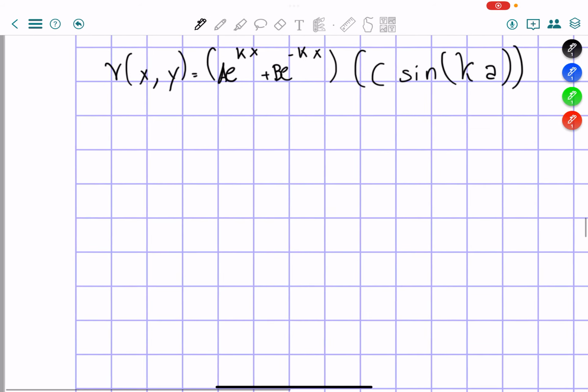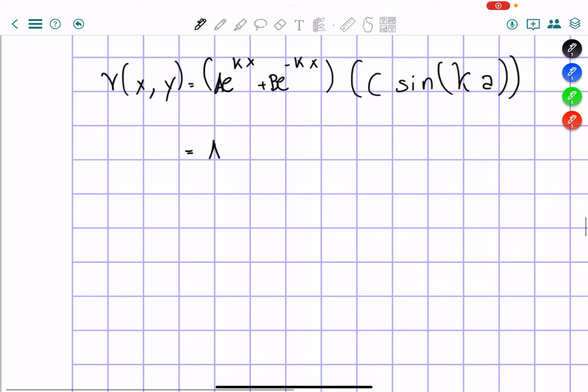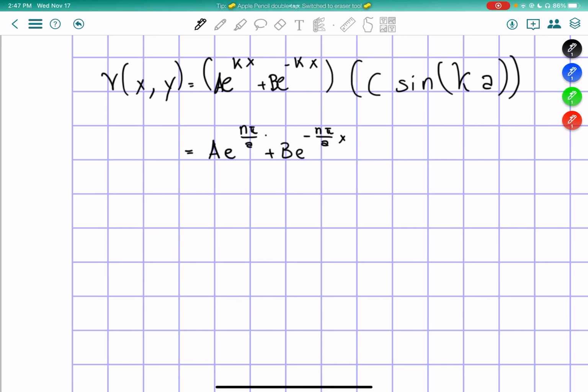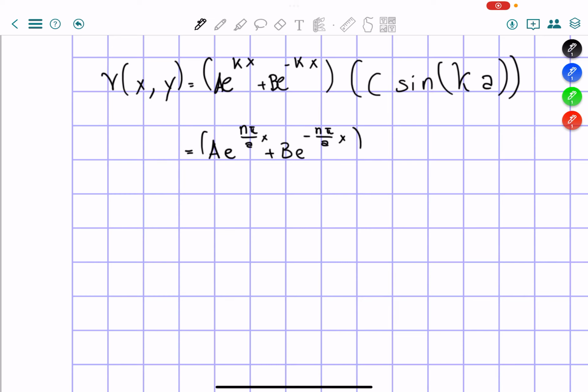So v is equal to a e to the power of n pi over a x plus b e to the power of negative n pi over a x, times c times sine of n pi over a y.